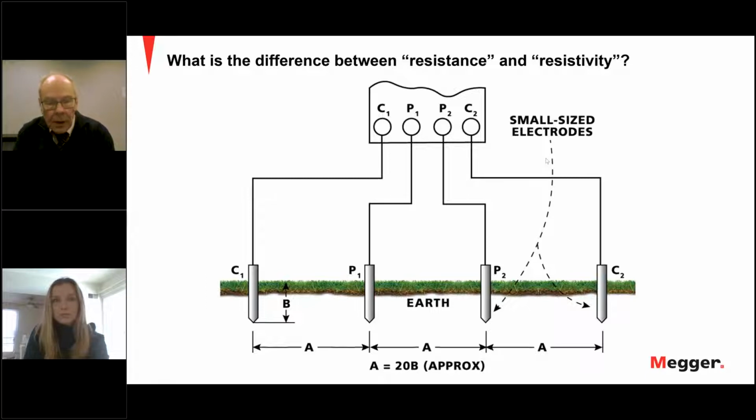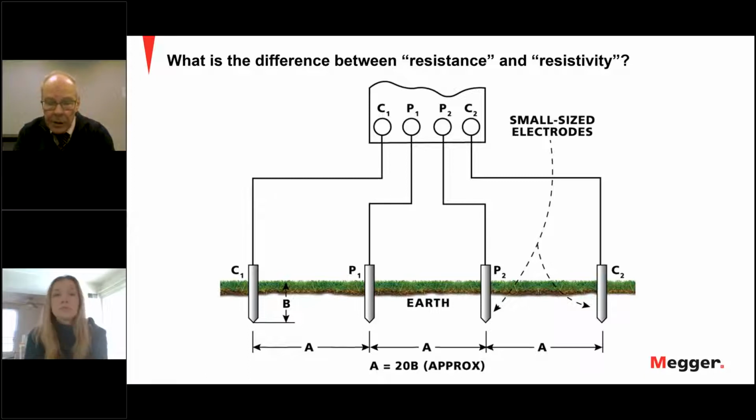Resistance is your installed grounding electrode and its relationship to the surrounding earth. The resistance between the electrode and what is referred to in the literature as remote earth. You hear that term. It just means the distance at which the current has dissipated to the point where it is no longer a problem.